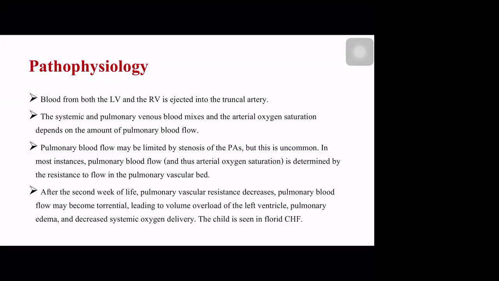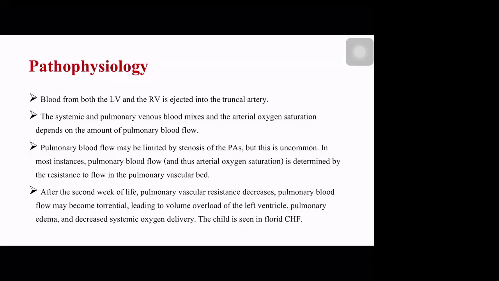But when the child grows beyond a few days of the newborn age, gradually the PVR decreases. When the PVR decreases, there will be torrential blood flow through the pulmonary vasculature. Ultimately, that cyanosis is gone and congestive heart failure is induced.